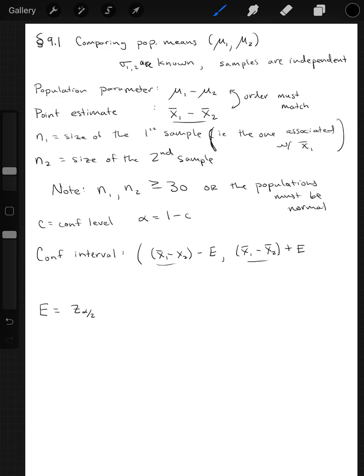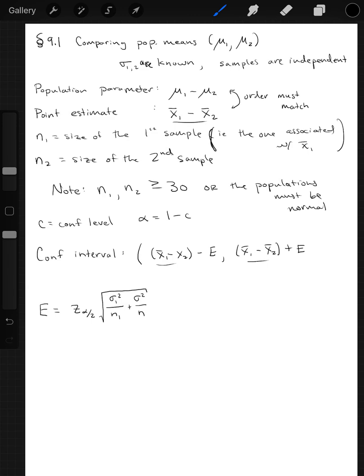So we still have Z alpha over 2. And instead of just taking the square root of sigma squared over n, we're going to do the same thing for both of them and add them under the square root, right? So we're not going to take what we would have for the individual ones and then add them together. We're instead going to add them under that square root.